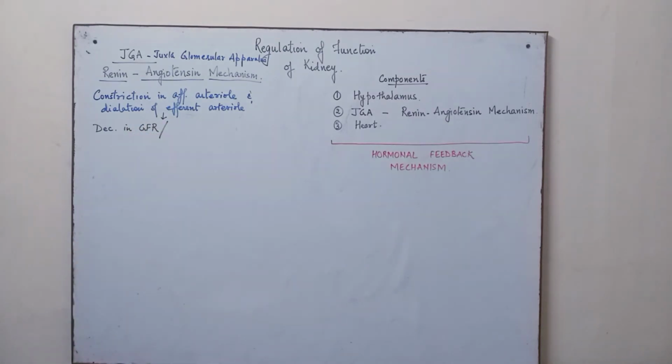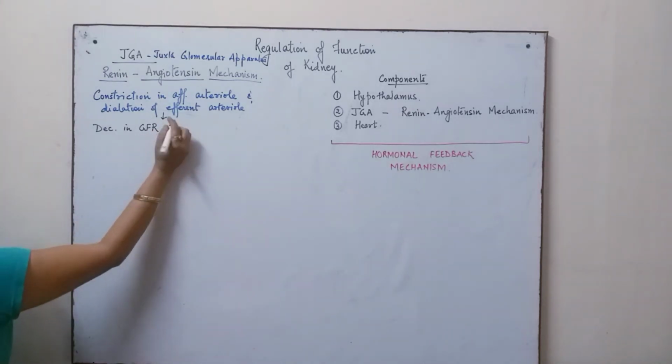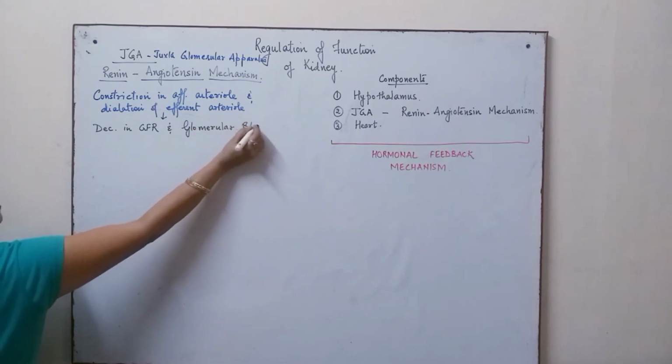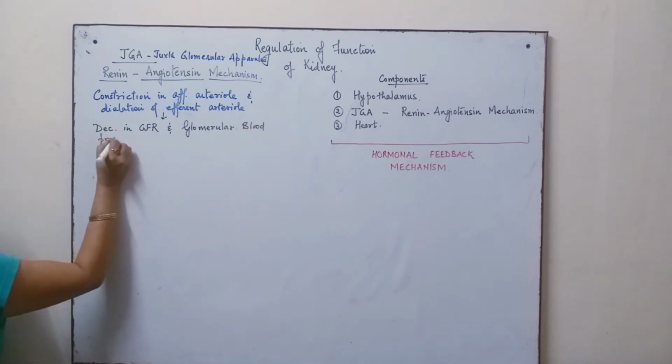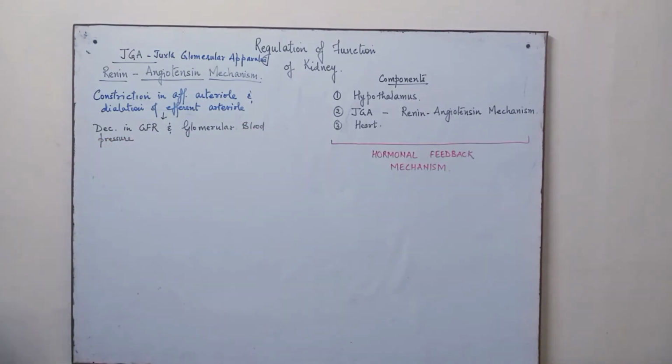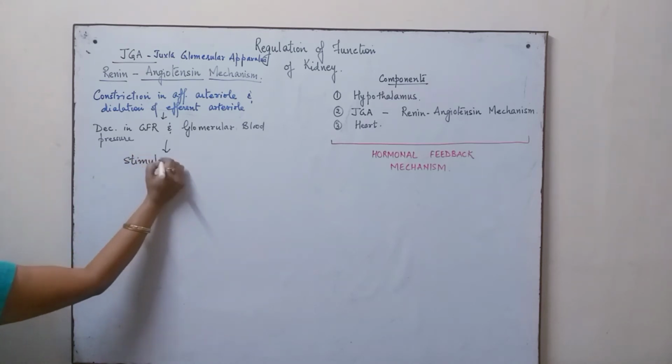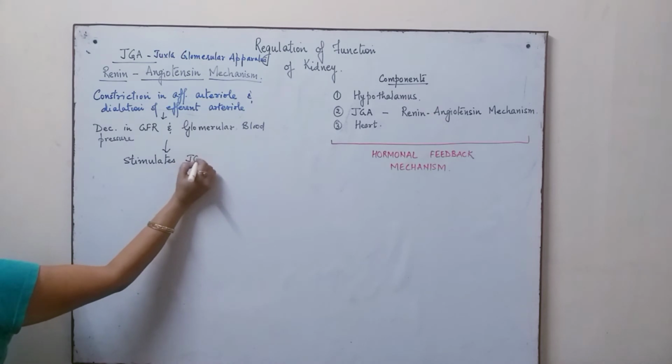Also, it results in a decrease in glomerular blood pressure. As a result of this decrease in the pressure, it stimulates the JGA cells.